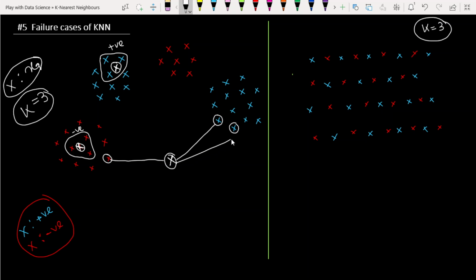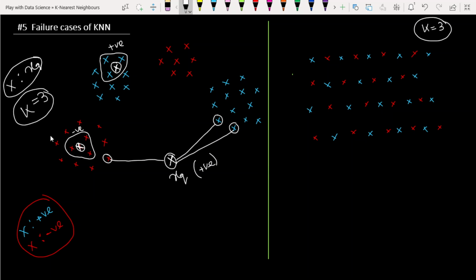These three are the 3 closest points from this query point xq. What will be the class label? The majority vote will be positive, so this will be positive according to our definition of KNN, but it is not actually true.